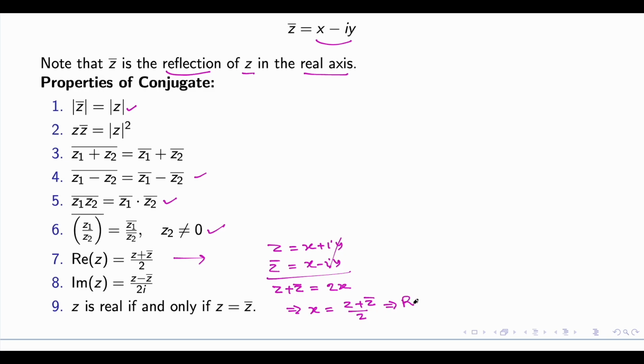This implies the real part of Z, X, is Z plus Z bar divided by 2. You can easily derive the other part as well: the imaginary part is Z minus Z bar divided by 2i. Z is real if and only if Z equals Z bar. So if Z is real, then Z bar is equal to Z.